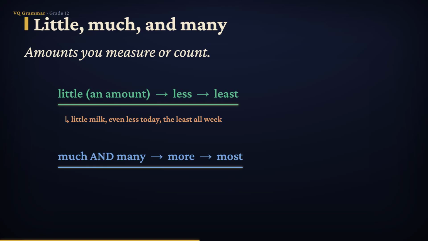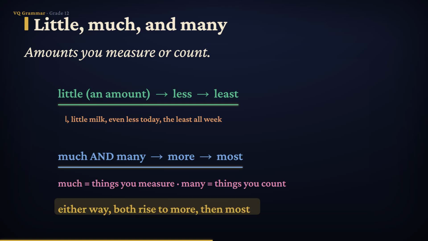The difference between them is only what they attach to. Much covers amounts you measure, like water or patience, while many covers things you count, like chairs or votes. But that difference doesn't touch the forms. Either way, both rise to more and then most.